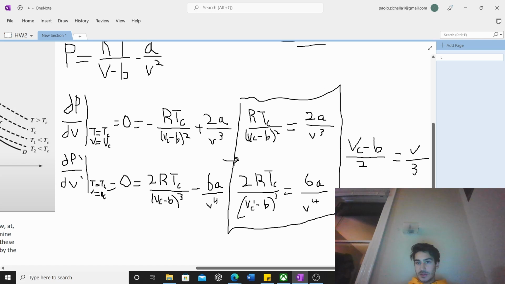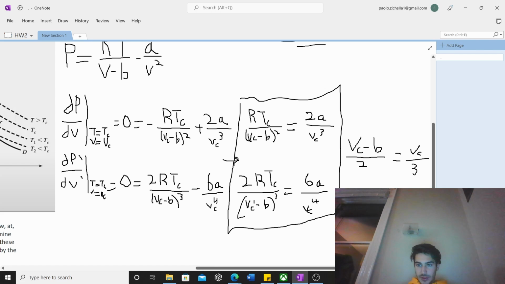So we can solve for b. I just realized that I didn't call this v the specific volume at the critical point, which is a big mistake. Just making sure to fix that. And so now we can cross multiply and simplify this out. So now we have 3Vc minus 3b is equal to 2Vc.